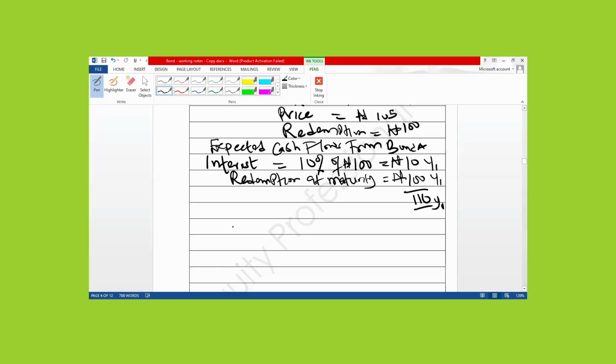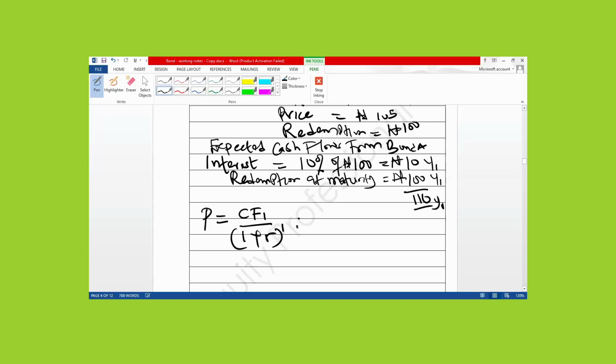To get that, remember the price of a bond. We said price of a bond is equal to cash flow in year one over 1 plus R in year one, raised to power 1. This bond is for 1 year.